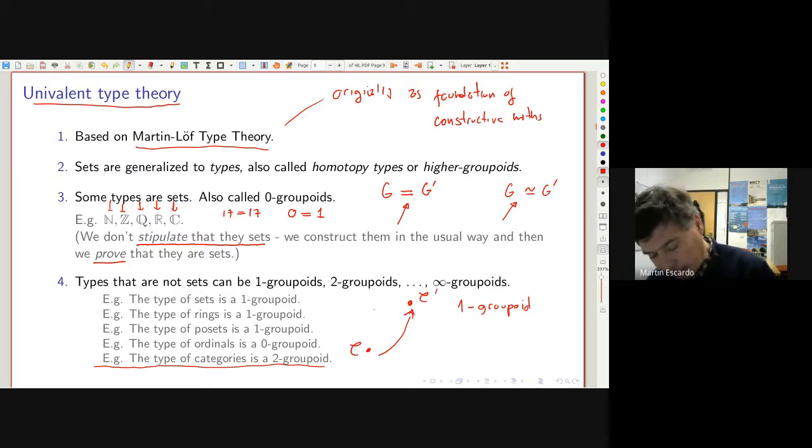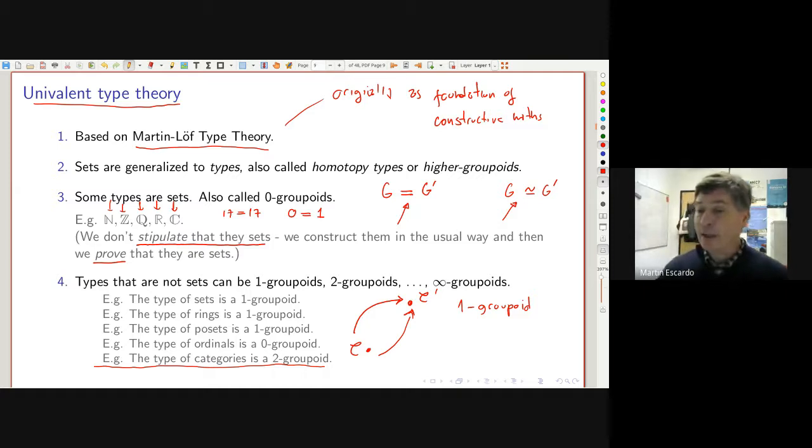Now the equalities are going to be in one-to-one correspondence with the equivalences of categories. But it turns out that you can compare equivalences. So you can ask whether two equivalences are equal, and then this is non-trivial. That's why it is a 2-groupoid.